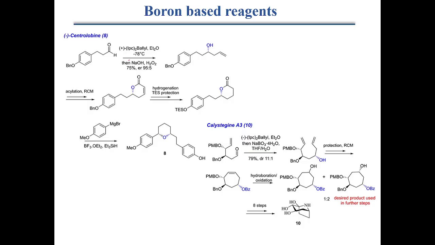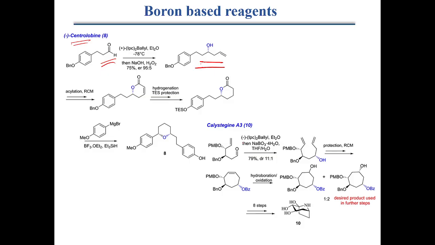Now we will discuss some examples of this IPC2 boryl application in natural product synthesis. In these cases, we get the allyl product after attack of this alcohol, and after subsequent steps, they produce the natural product centrolobin.